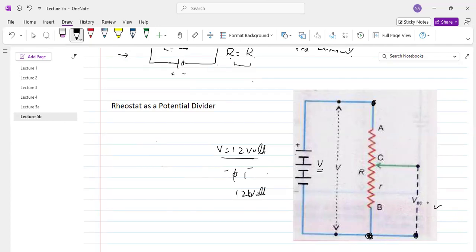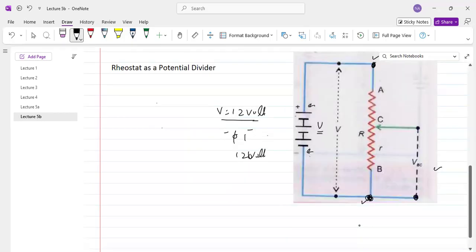So let me tell you how this circuit is constructed. First of all, the potential source, that is the battery, is connected between the two fixed terminals of the rheostat. Here you can see the fixed terminal A, here is the fixed terminal B, and a battery is connected between these two terminals. The positive terminal is connected with A and the negative terminal is connected with terminal B.